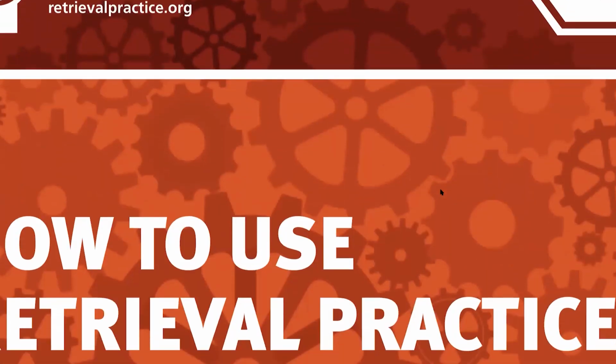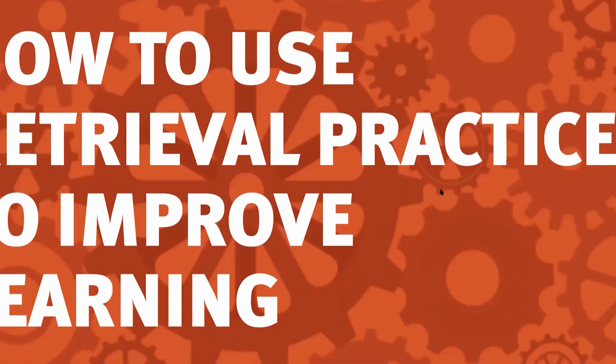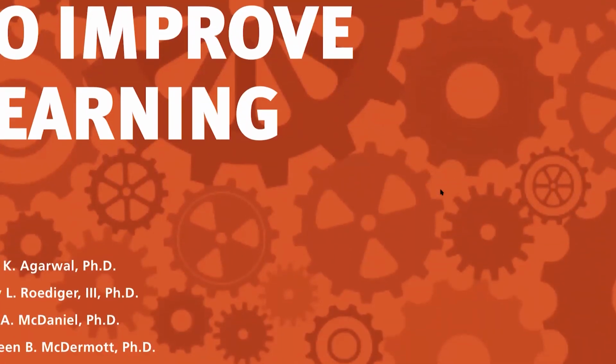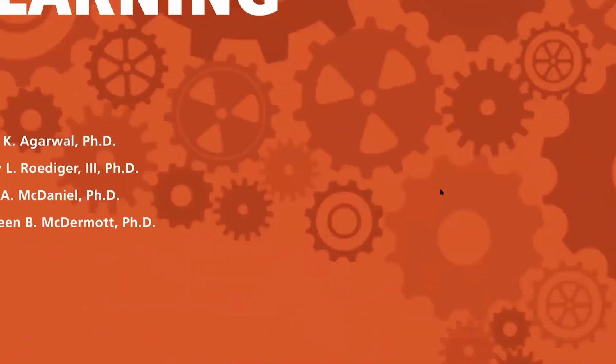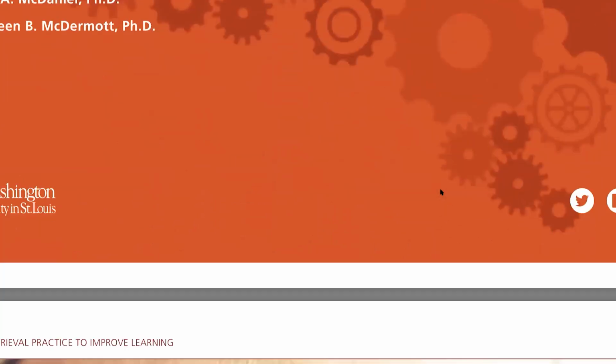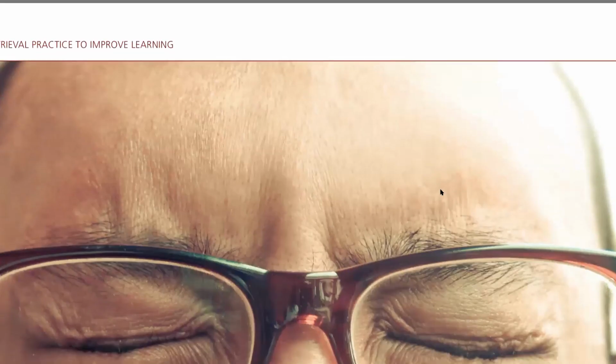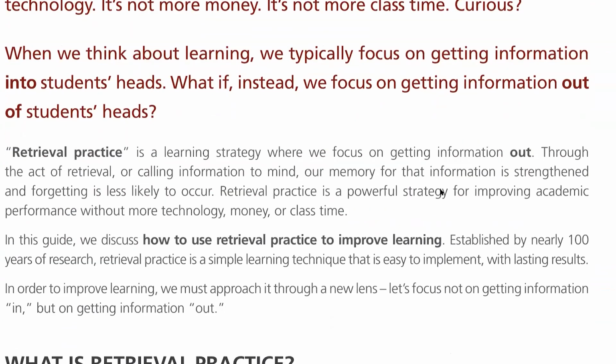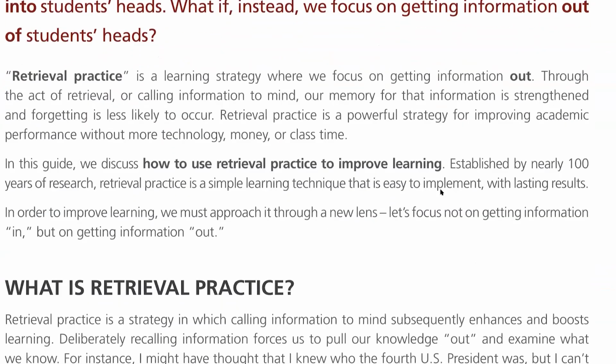So this is a great website, retrievalpractice.org, how to use retrieval. These are free downloadable little documents that you can just really read all you want to about retrieval practice. One of the problems that we have with students with disabilities is that they have memory issues.